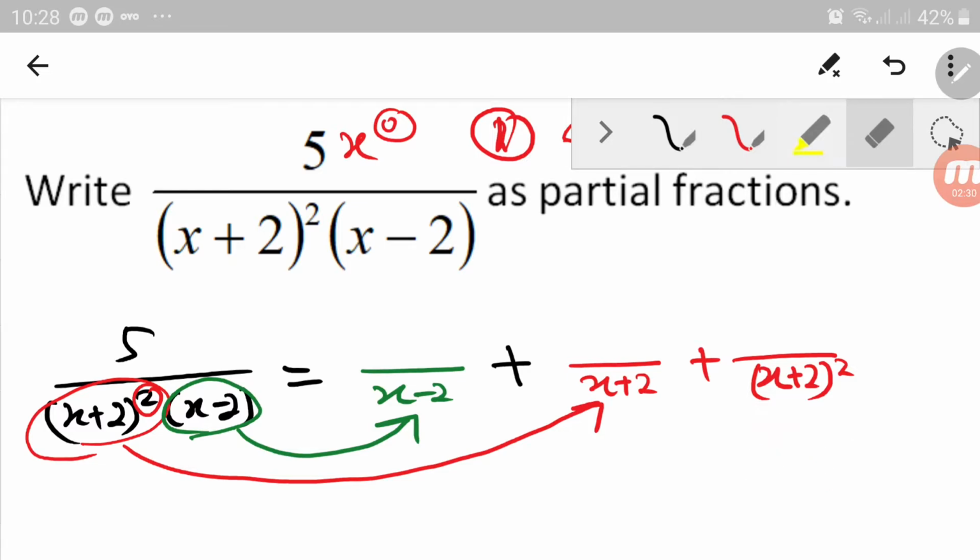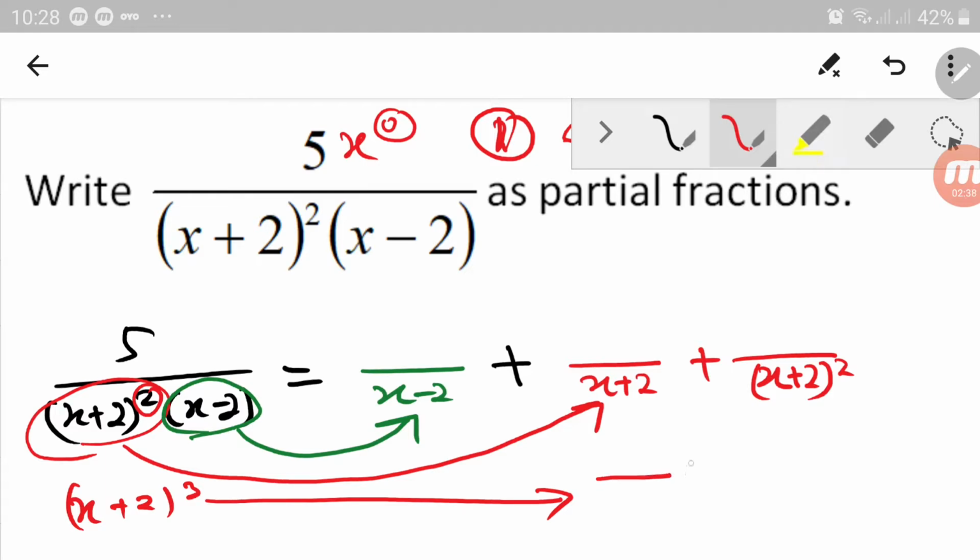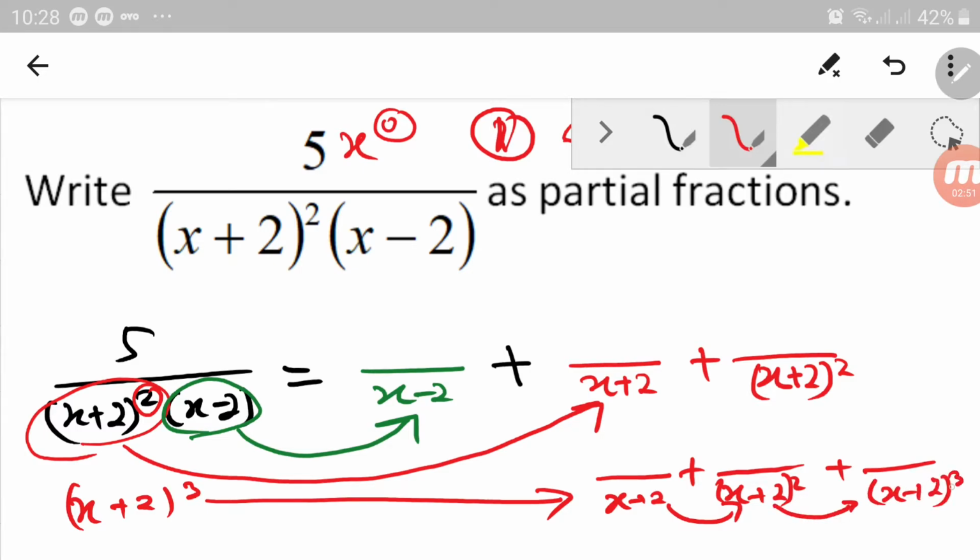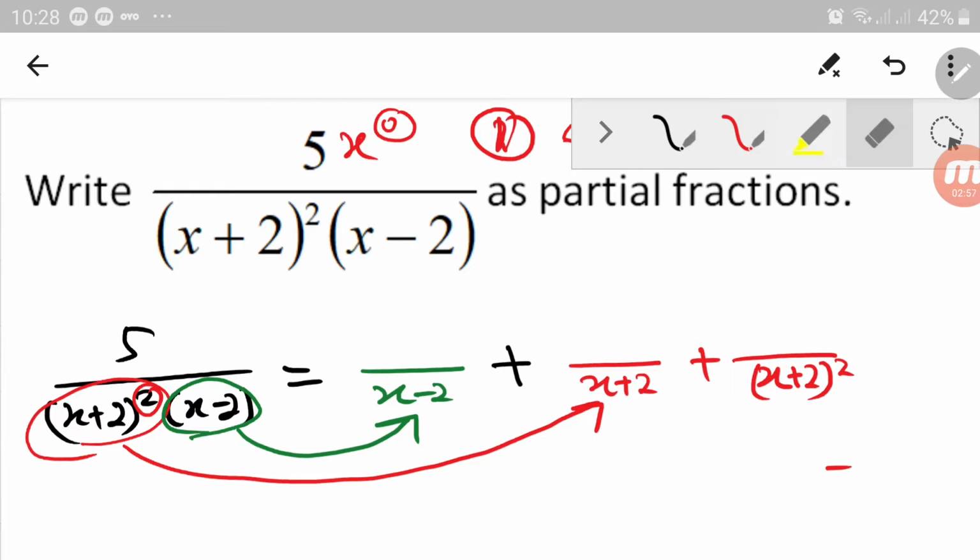Let's say if it were x plus 2 power 3, then there would be 3 new fractions: x plus 2, x plus 2 squared, and, repeating some more, x plus 2 power 3. Just an example.